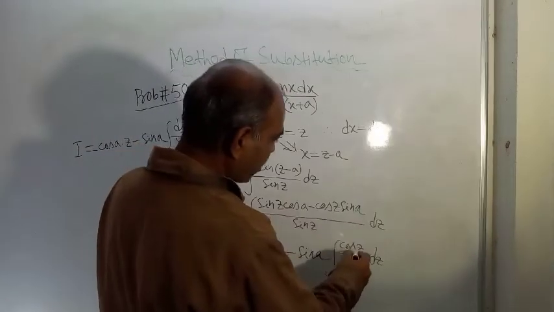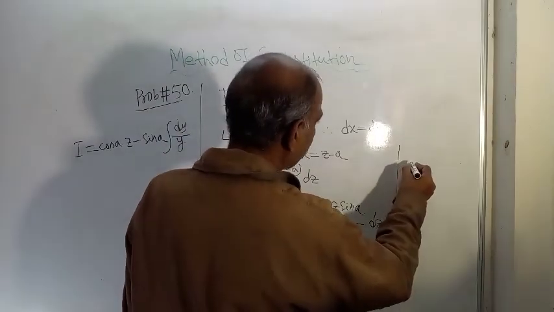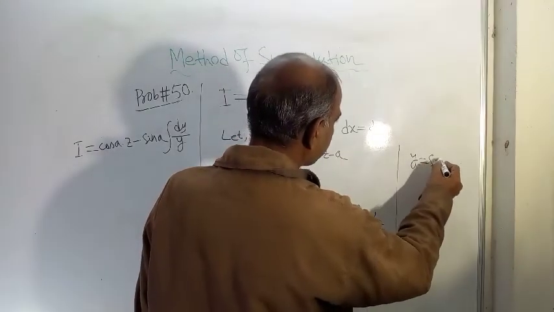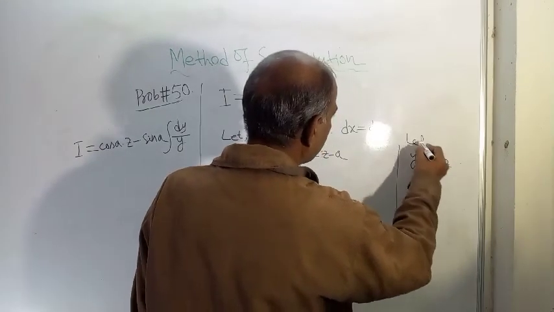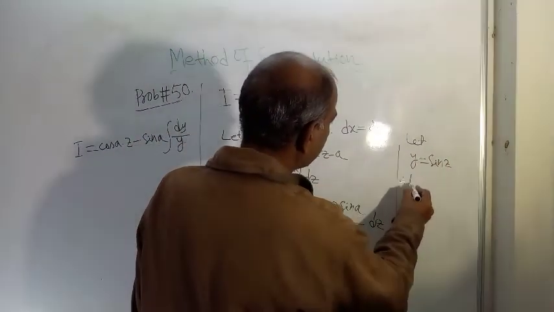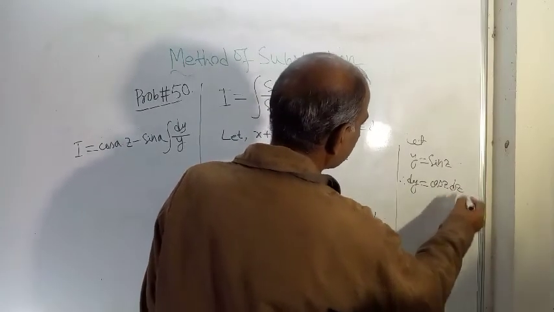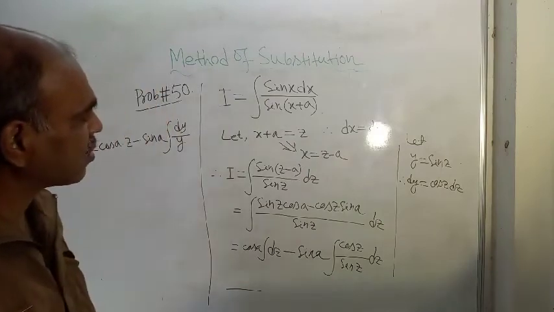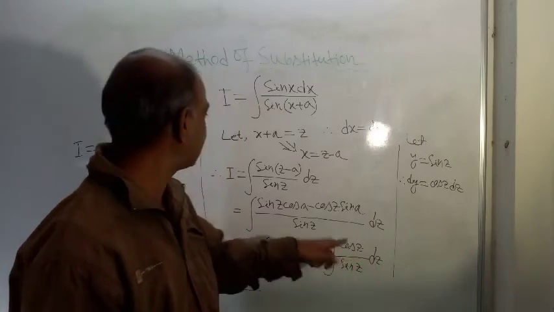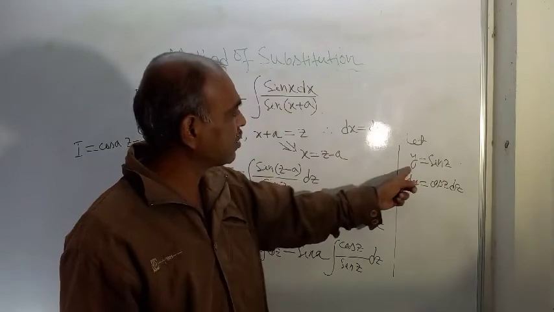What we have assumed for this part: if you assume y is equal to sin z, therefore dy is equal to cos z dz. We can see that here cos z dz is there, so instead of cos z dz I have written dy, and instead of sin z I have written y.